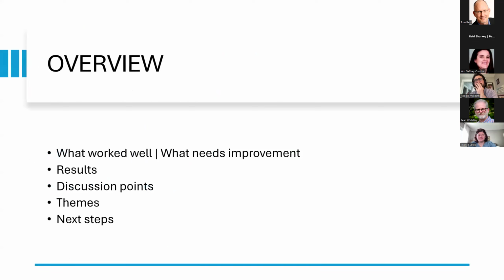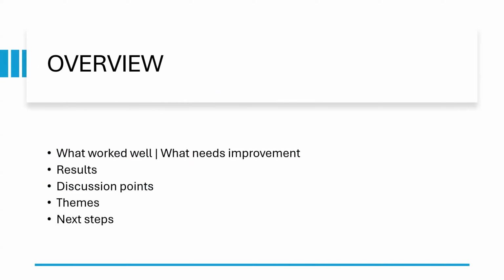Just what I'm going to talk about. I'm going to mention quickly what worked well and what needed improvement. That's in the methods, like how we surveyed, but also what I see from the results in general, and what needs improvement in how well you did distribution and got feedback, and maybe what needs more deep dives.